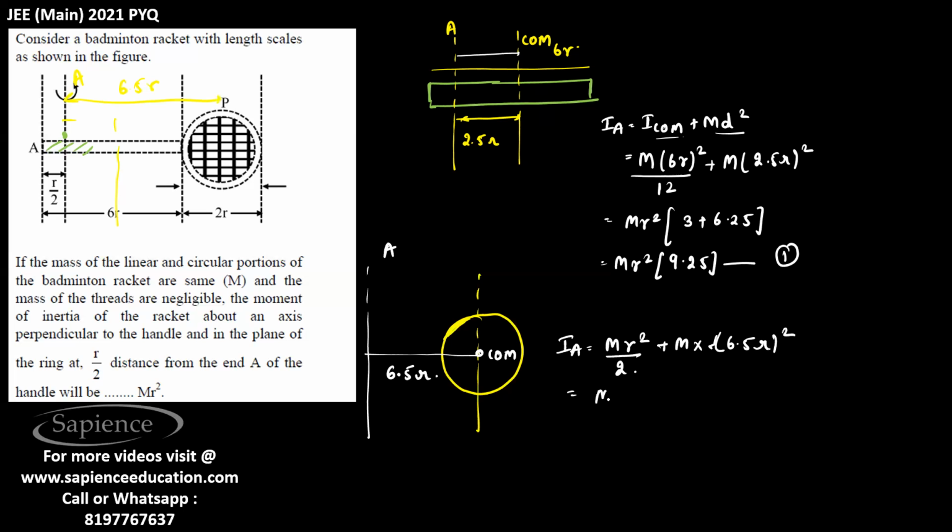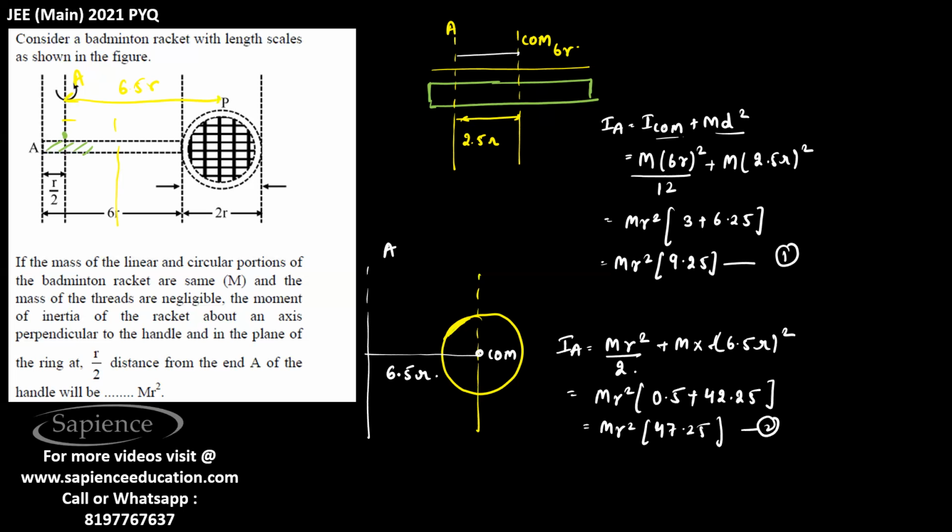So we took mr square as common, so this will become 0.5 plus 6.5 square, which equals 42.25. This will become mr square into 42.75.